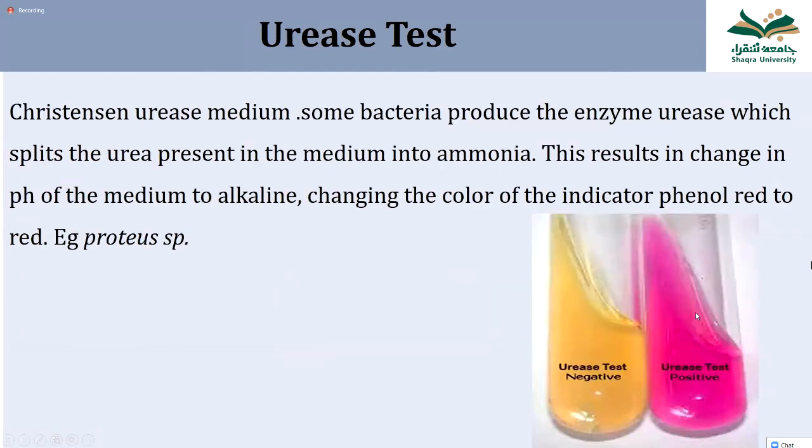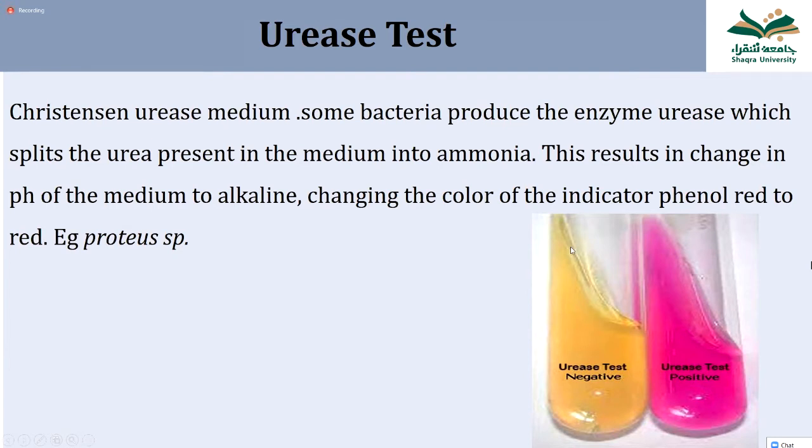Another biochemical test is the urease test. Some bacteria split the urea into ammonia and carbon dioxide. The ammonia mixes with the water and makes it alkaline, and that alkaline pH changes the color of the indicator present in the medium to red. Normally the color of the urease test medium is yellow.